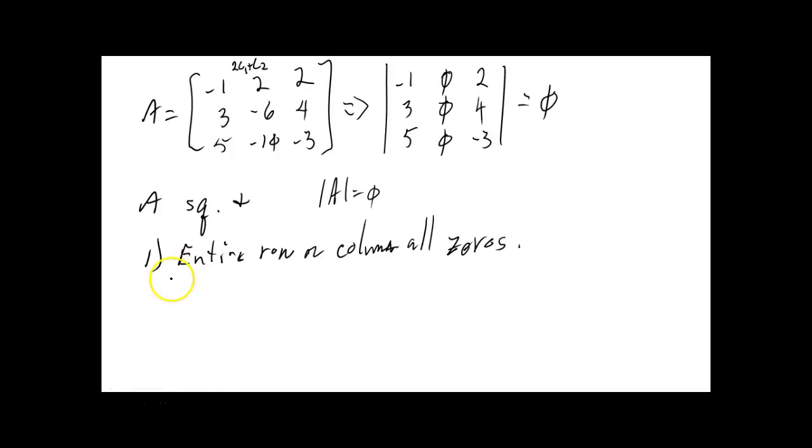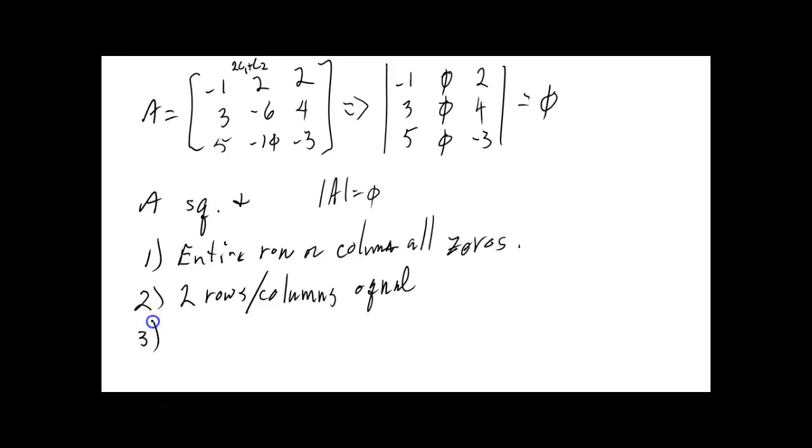Example 3. If that's the case, stop right there. Your determinant is 0. Any two rows or columns are equal. Then you multiply -1 by one, add to the other, and you get a row of zeros or a column of zeros.